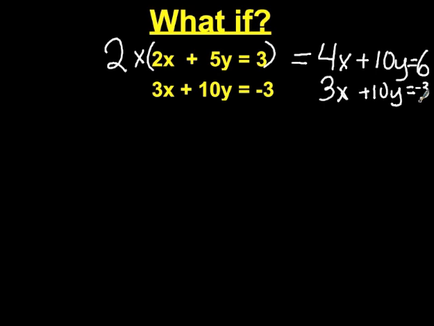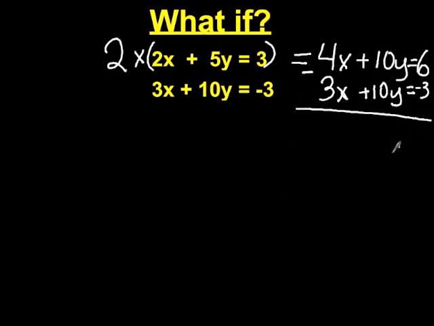Now do we have numbers that we can add and subtract with? Well, we have our y's. They both have 10s. They're both positive. So we talked about in class, if one was positive and one was negative, we would add. And if they were both positive, then we would subtract.